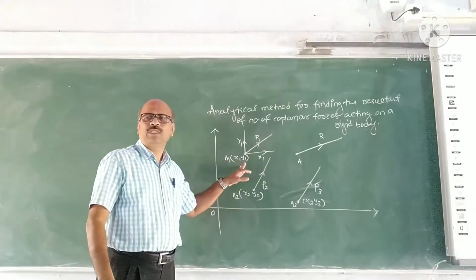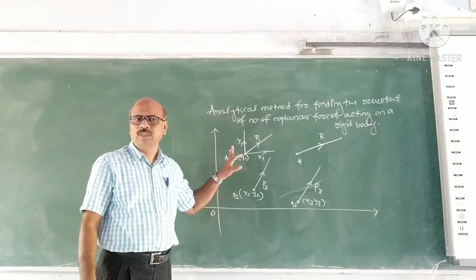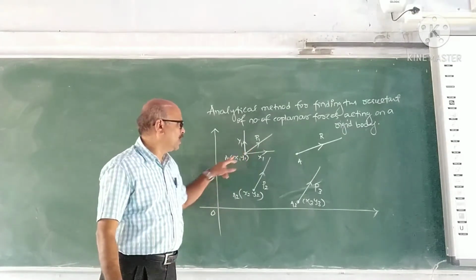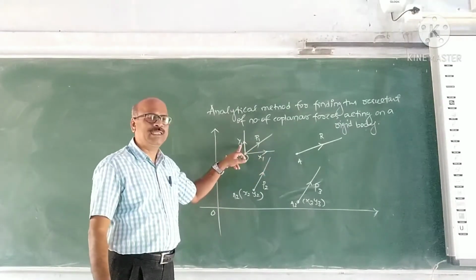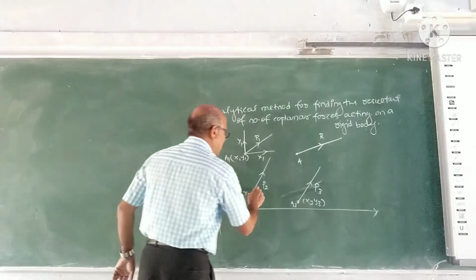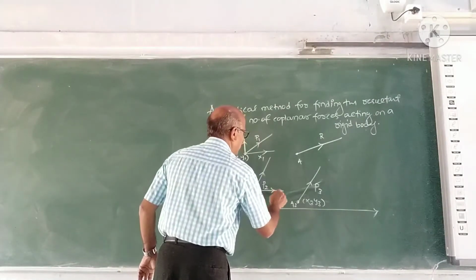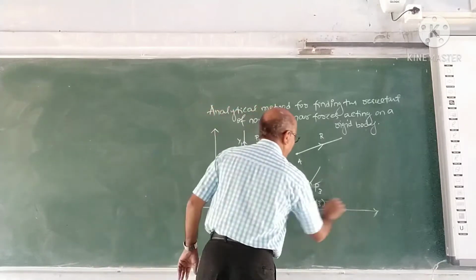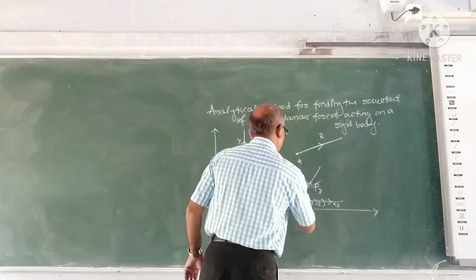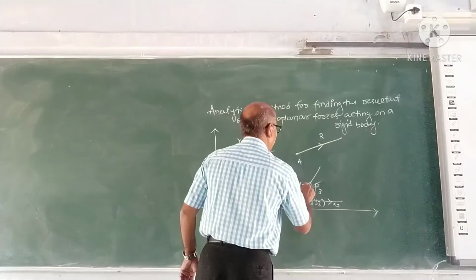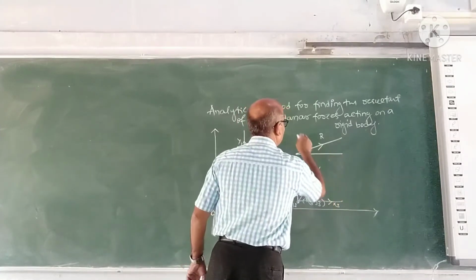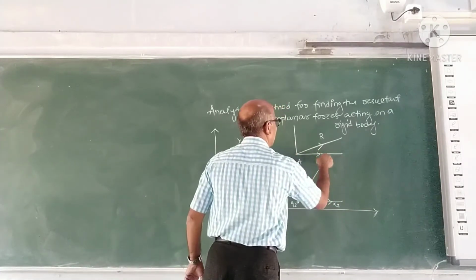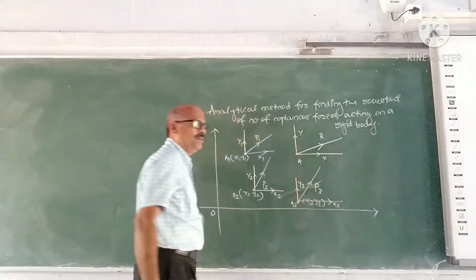Resolved parts means components along two perpendicular directions. Suppose resolved part of P1 along x-axis is x1, along y-axis is y1. Similarly, resolved parts of P2 are x2, y2, and of P3 are x3, y3. And suppose resolved parts of the resultant are X and Y.